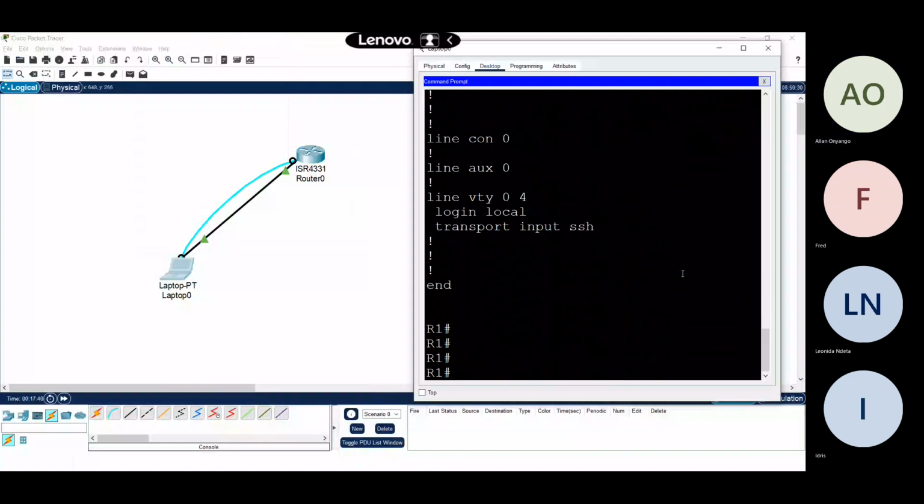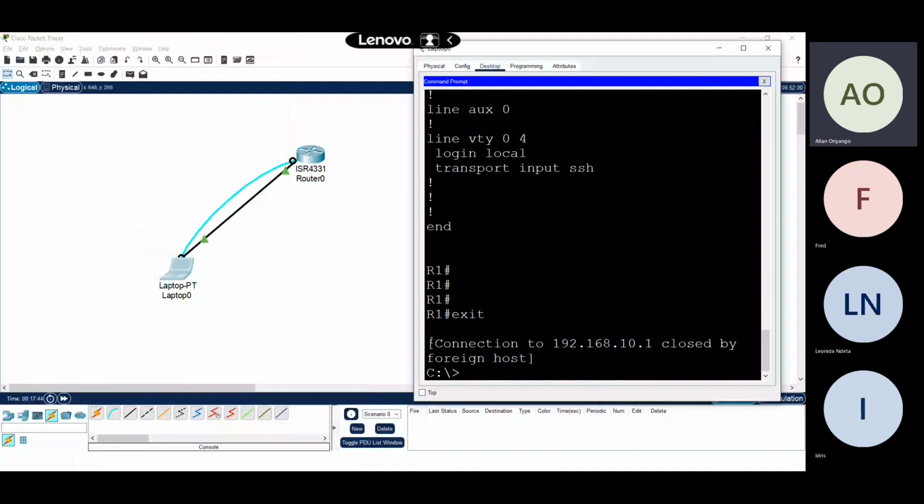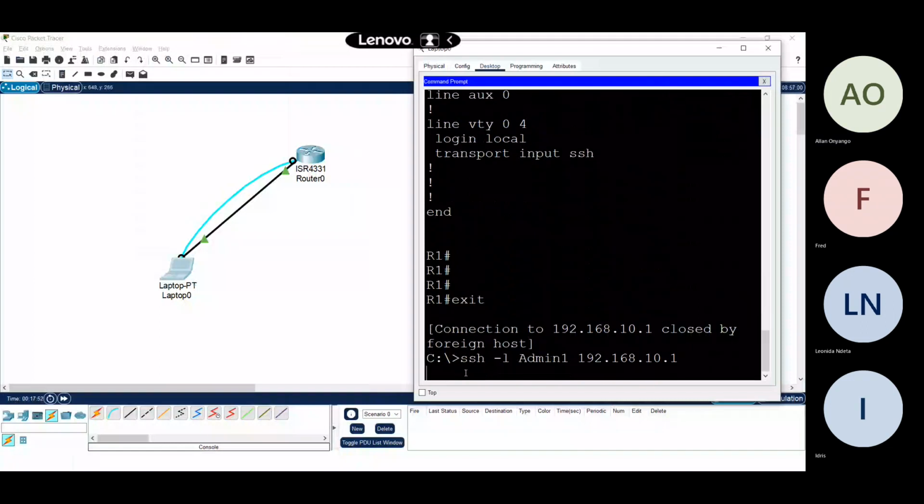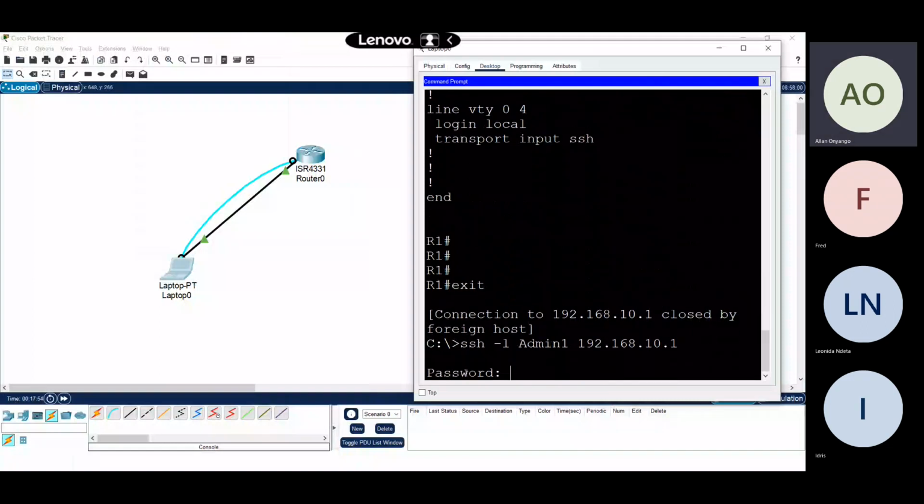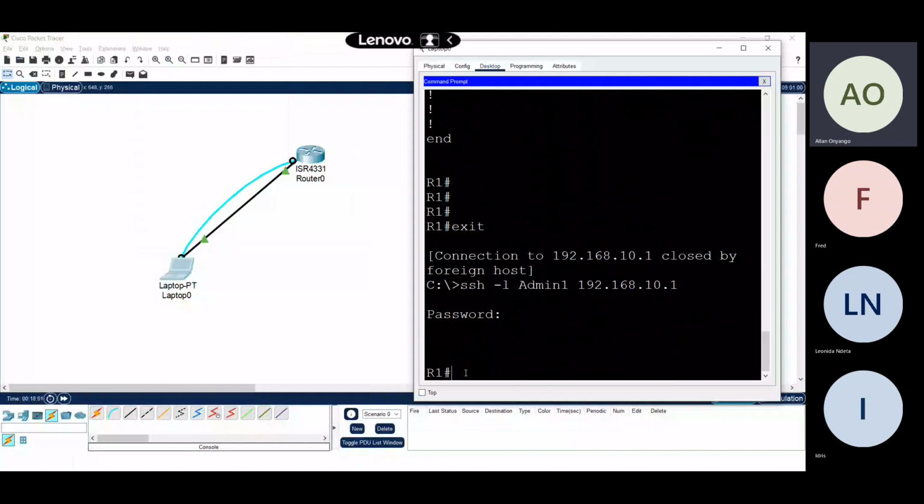Now, one thing you may have realized, let me do it again. You can just exit and get out of the router and back to the PC command prompt. Look at this. I want to log in again using admin1. I put the password, admin1per55. Look at where it takes me.